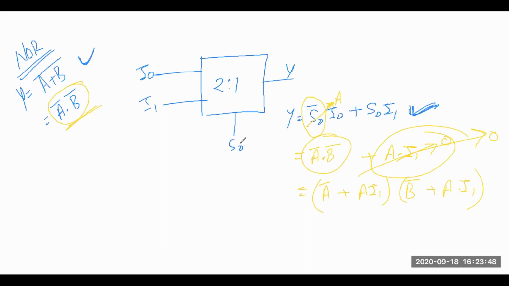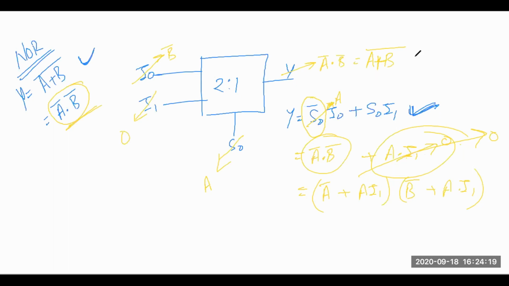So for this case I'm taking S0 as A, I1 as 0, and I0 as B bar. And I'm getting Y equal to A bar dot B bar, which is nothing but A plus B whole bar.